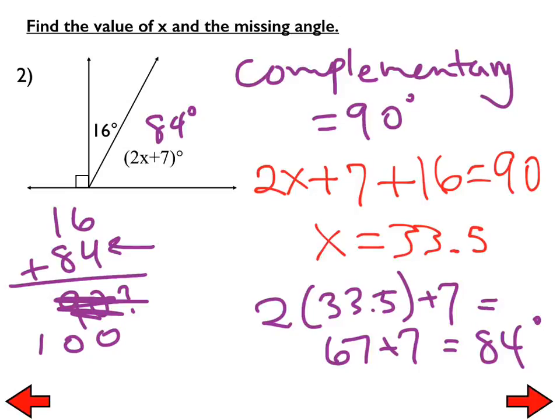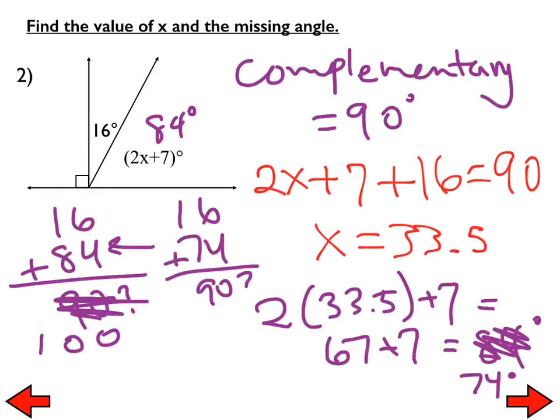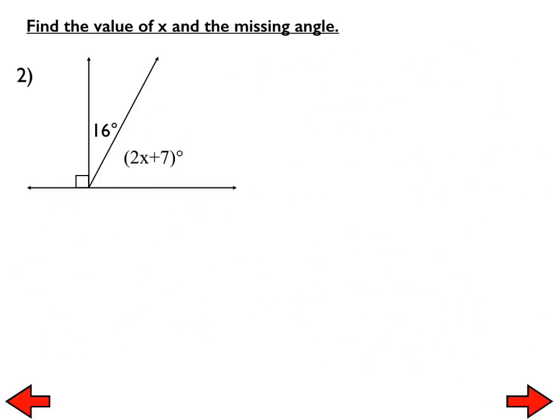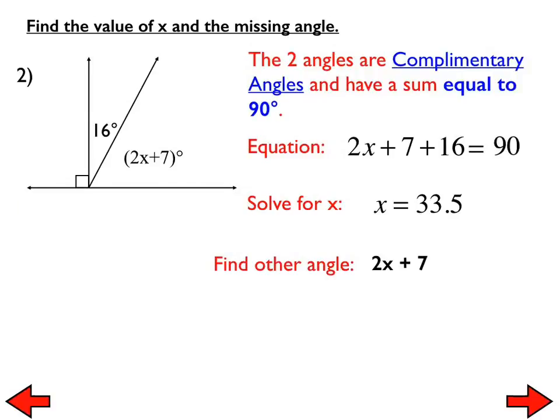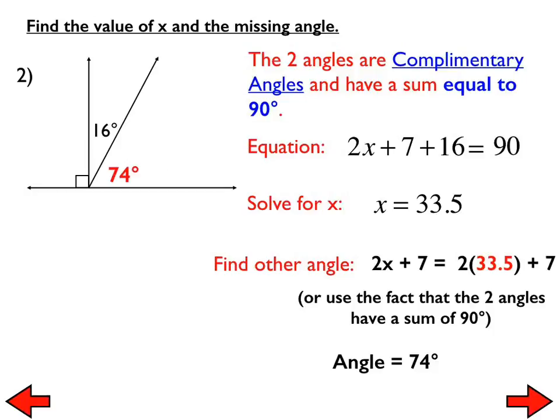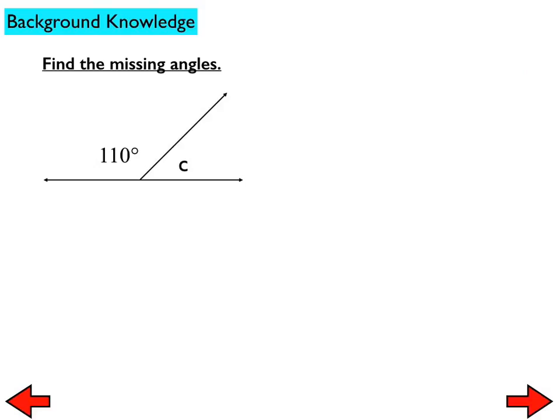It's 67. And then what's 67 plus 7? 74. So you should always check your answer. And now, going back to this, is 16 plus 74 90? Yes, it is. That one's the 90. Always check your answer to make sure you didn't mess up on any of the parts.